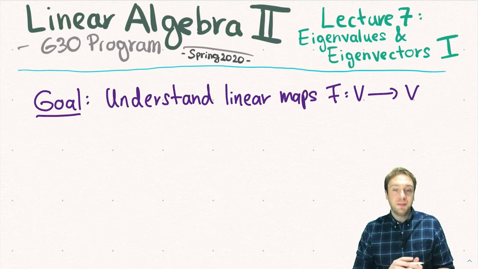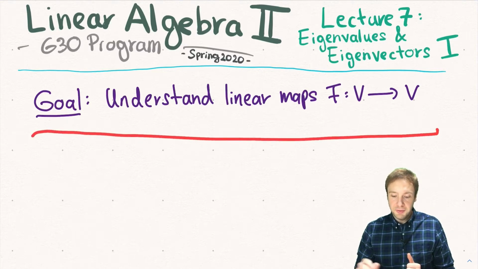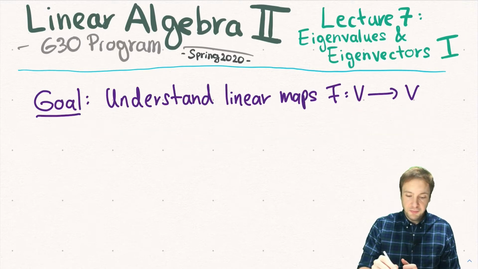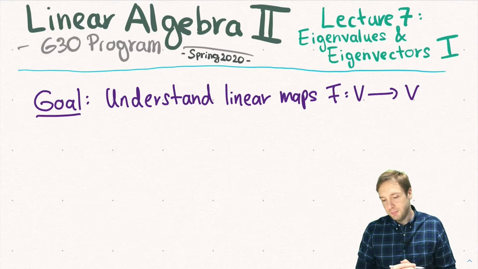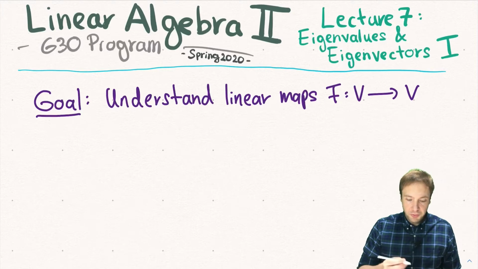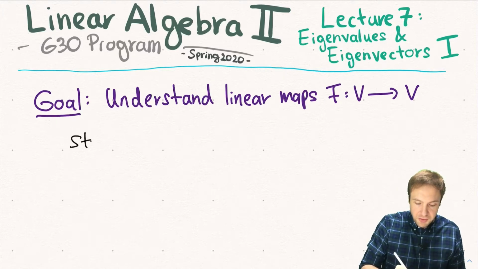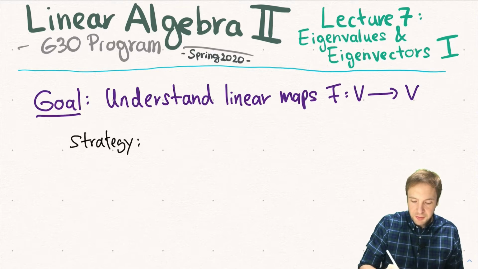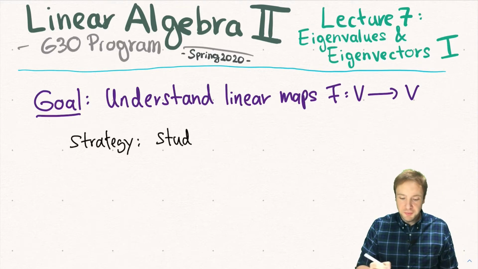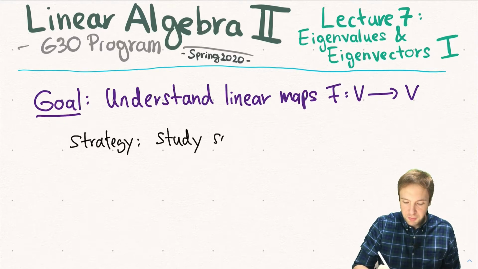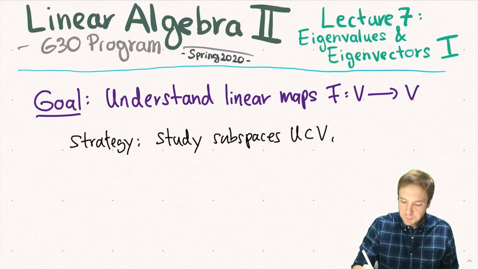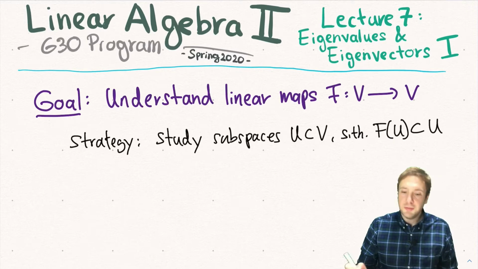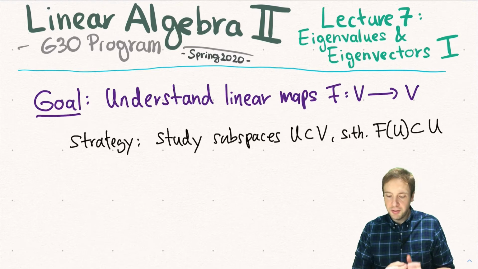The main goal behind this is to understand linear maps from one vector space V to itself, and the strategy to understand linear maps and to describe them nicely is to study subspaces which are invariant under this linear map, meaning we study subspaces U in V such that if I apply this linear map to the subspace, I am again in this subspace U. This means that they are invariant under this linear map.